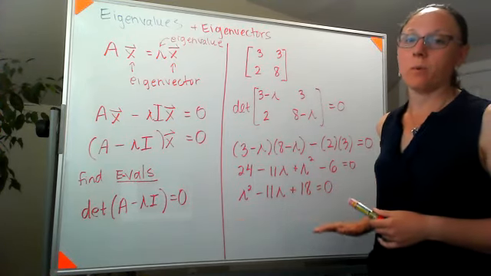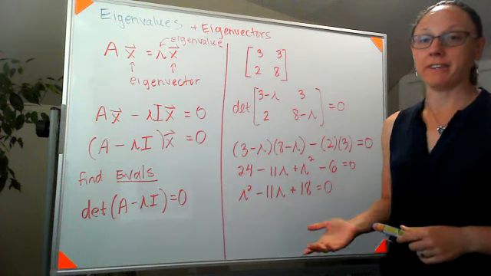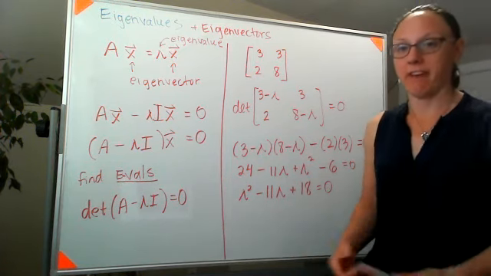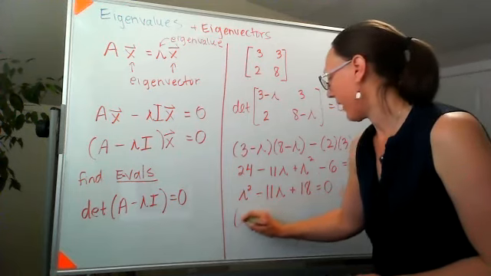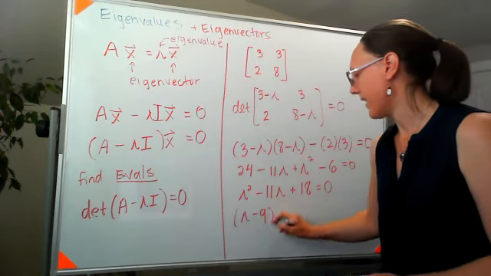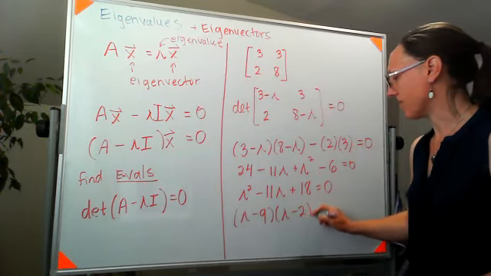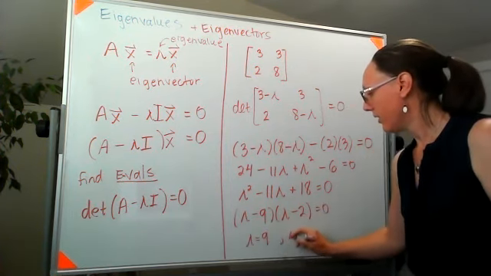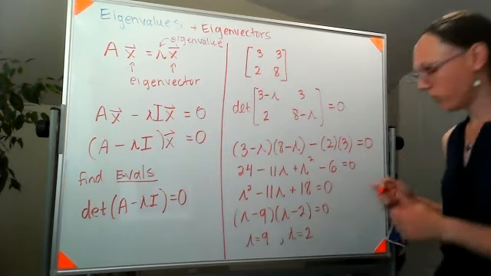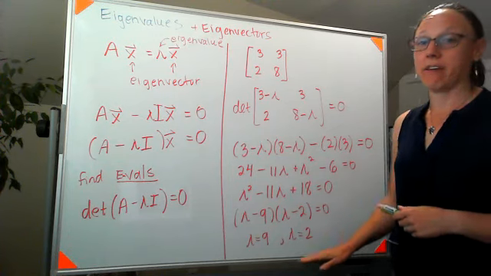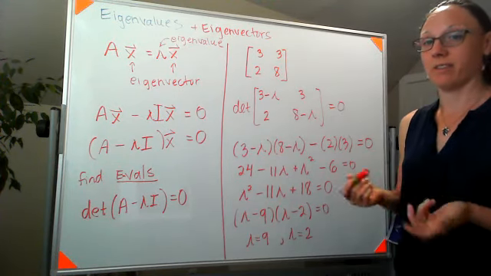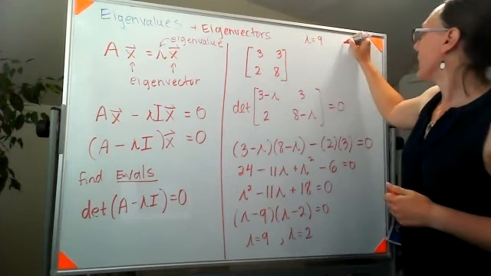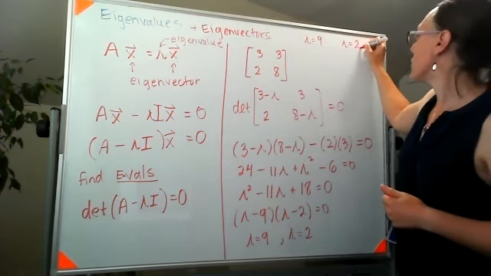In general, when we get down to this quadratic point, if it doesn't factor, we're going to have to use the quadratic formula. I happened to choose something that's going to factor nicely for us. So I am now looking at lambda minus 9 times lambda minus 2. So I'm going to get lambda equals 9 or 2. Those are my two eigenvalues associated with this matrix: lambda equals 9, lambda equals 2.